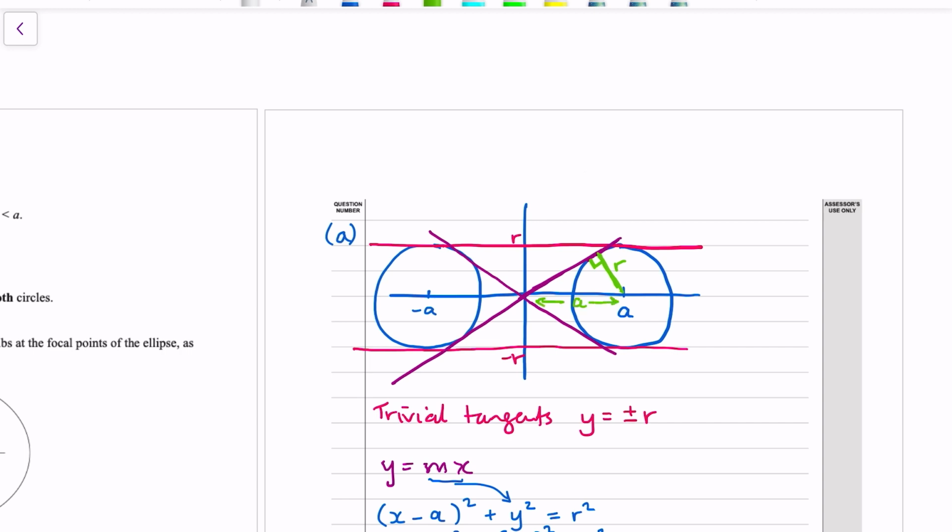Okay, so the other side of this triangle is a squared minus r squared square rooted. The hypotenuse is a there. And then if we want to find the slope, we actually need to know the height of that part there.